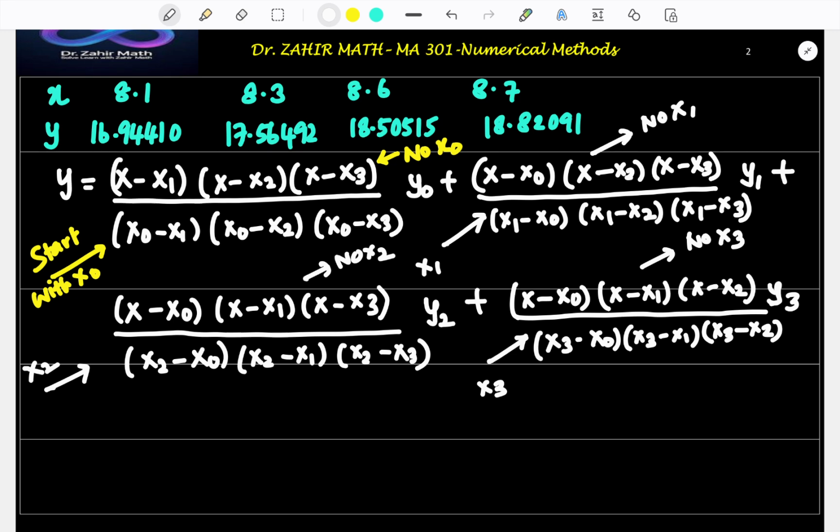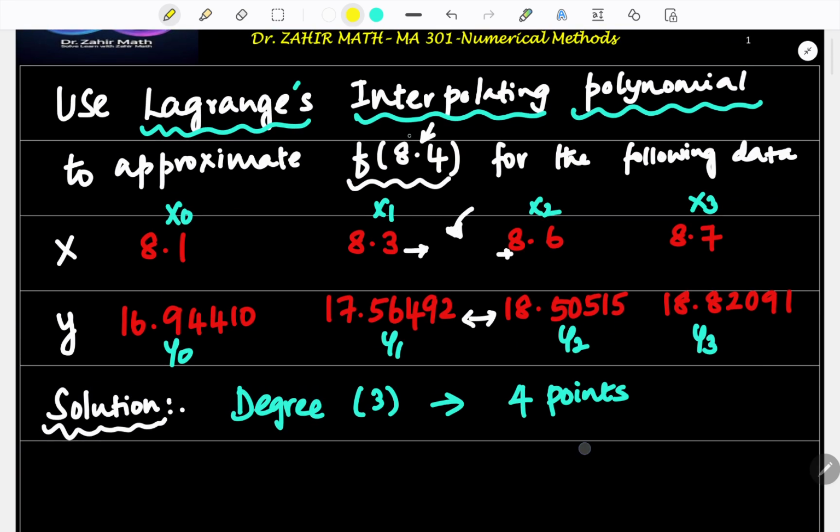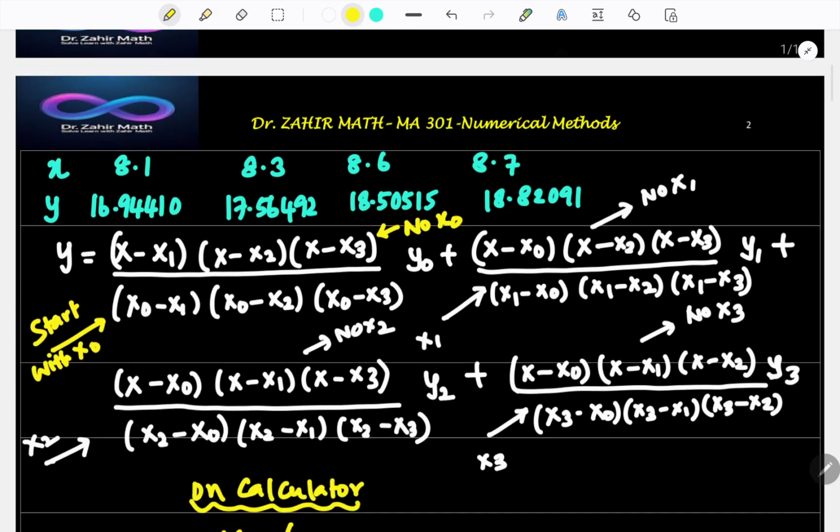Now the next important point. What is the formula you are going to type in the calculator? That is the formula I'm going to write. So on the calculator, I'm going to type capital Y is equal to, you know where A, B, C, D, X, Y, Z are, everything, right? Bracket open. What is the value you are going to approximate? The approximation value will be what? 8.4. So this is the value you are going to take.